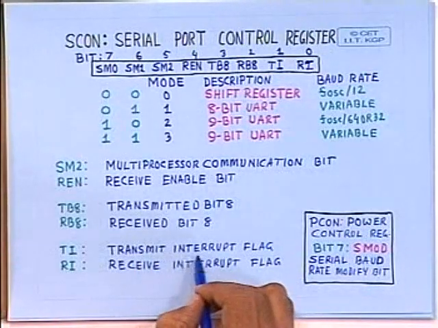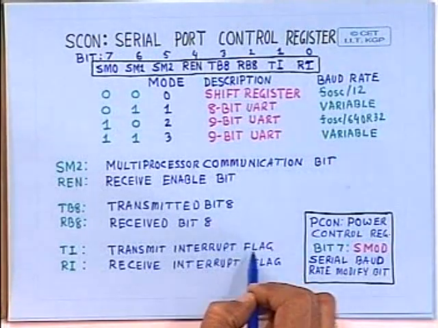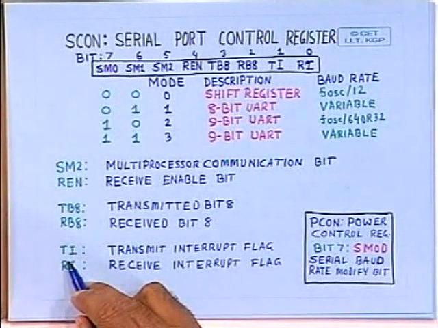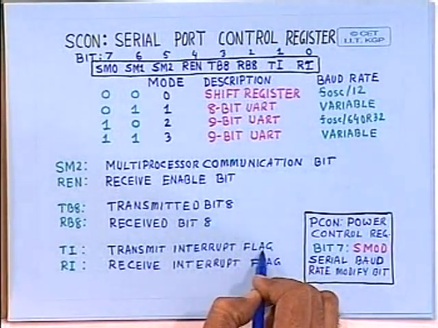So it is set by hardware, and reset by programming or by jumping to the interrupt subroutine. This is essentially the transmit interrupt flag bit.